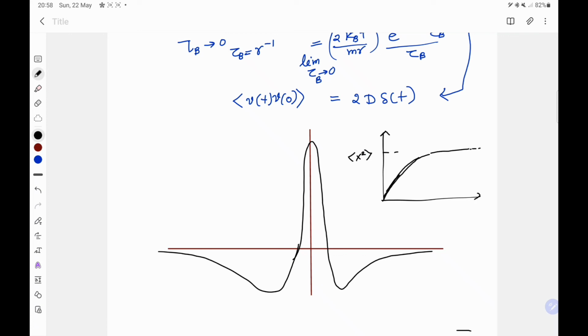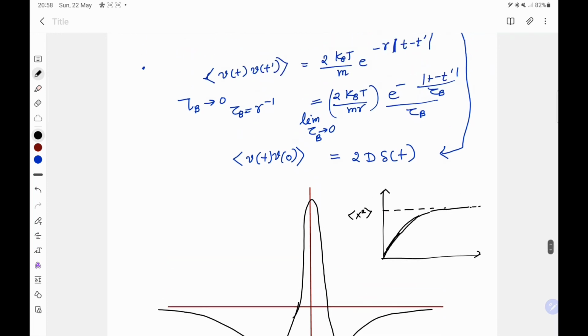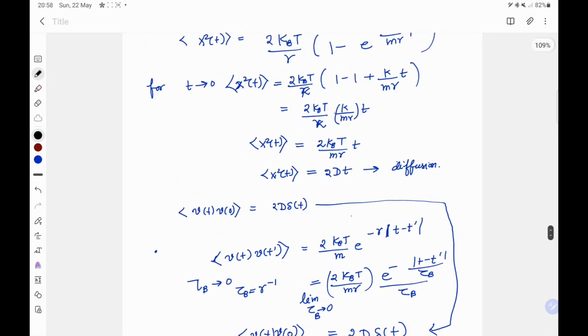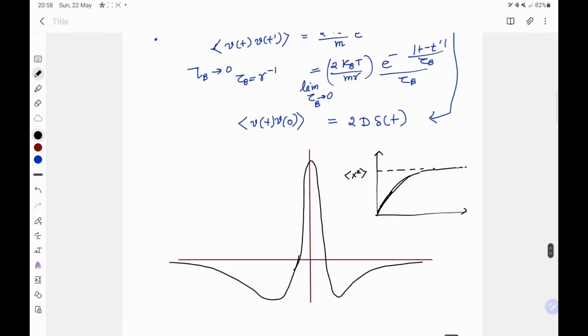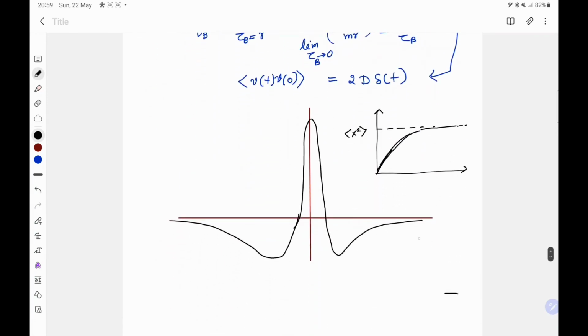Saturates to what? To this value, kB T over kappa. So we are plotting time lag, velocity correlation, and here also delta t.